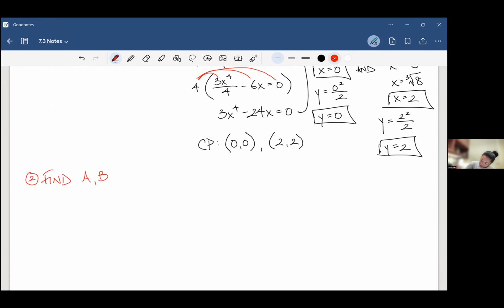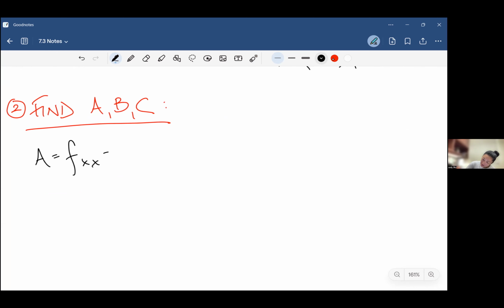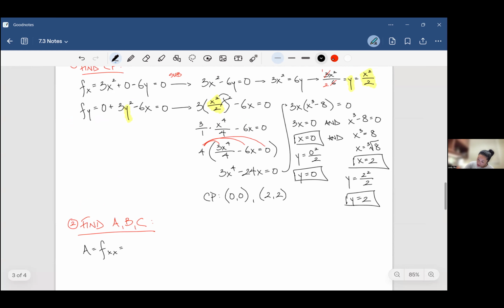Okay, so let's find our A, B, and C. A, we said, is our fxx. Let's go back up to our fx, which is 3x squared minus 6y. If I take another derivative treating x like a variable, I get 6x.